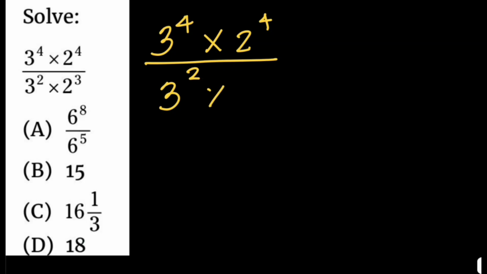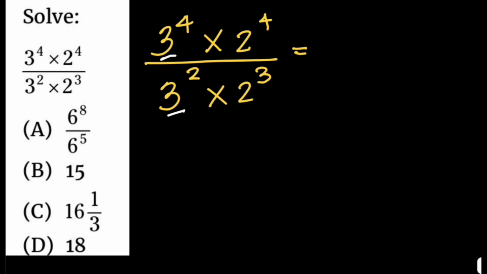Solve 3 to the 4th times 2 to the 4th over 3 squared times 2 cubed. So that is 3 to the 4th times 2 to the fourth over 3 squared times 2 cubed. Now take note here that 3 to the fourth and 3 squared have the same base, which is 3.